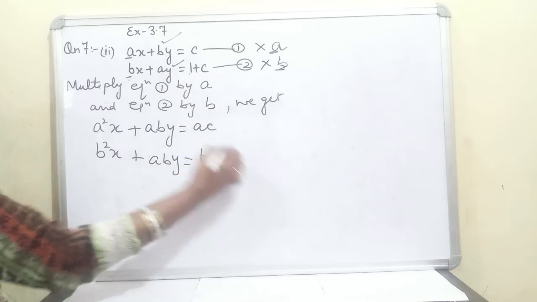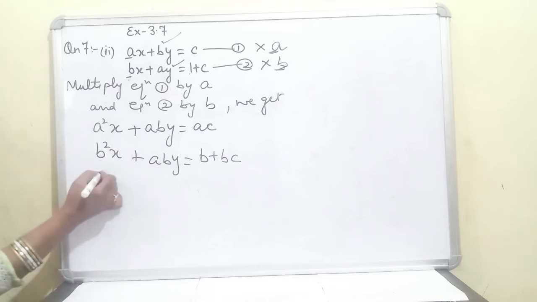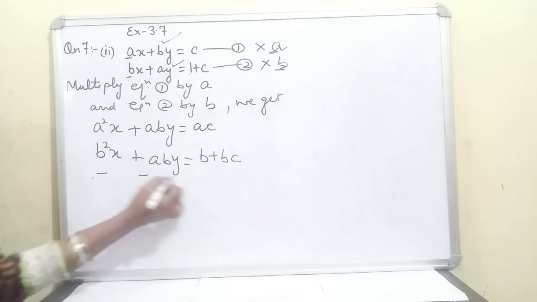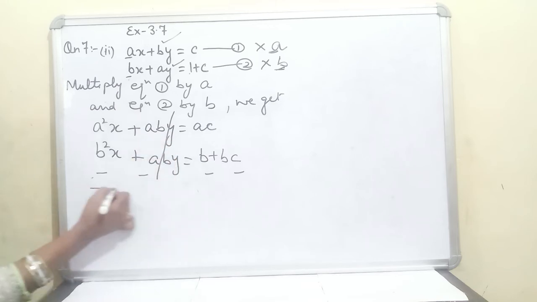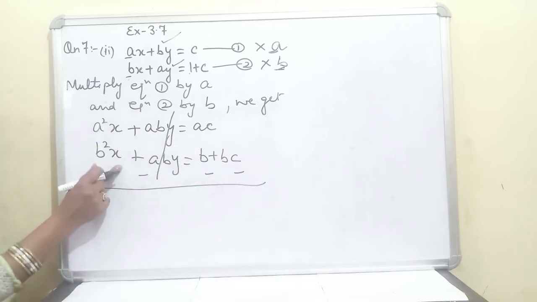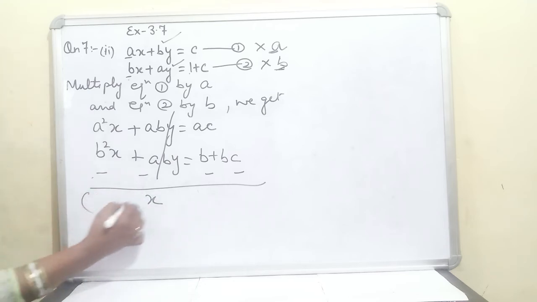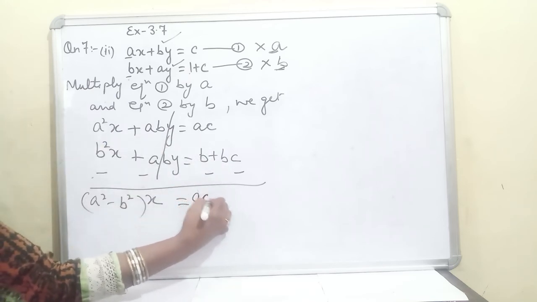Now we have to change the sign because we want to cancel this, so we have to subtract the two equations. This is minus, minus, minus and minus. It will cancel out. And what do you get here? a square minus b square, because x is common, so it will be a square minus b square equals, nothing can be added or subtracted, so it will be the same as it is.